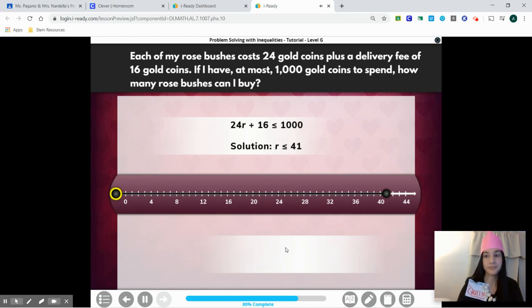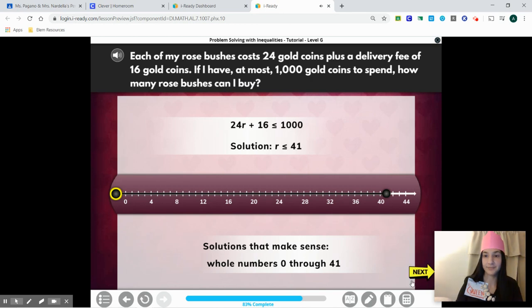You cannot. Okay, just like you wouldn't be able to buy a part of a rose bush, like 3.5, even though that is a solution to this inequality. So you can buy anywhere from 0 to 41 rose bushes, all whole numbers. You are a very bright young lady. Just answer my final riddle and you'll be on your way. Okay.